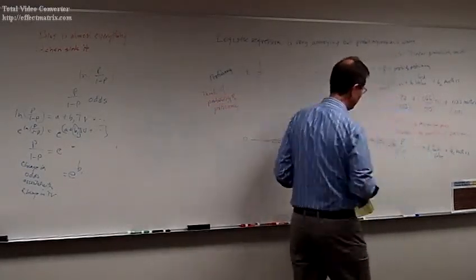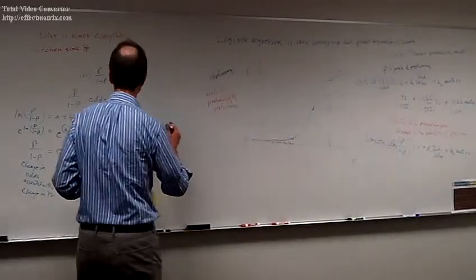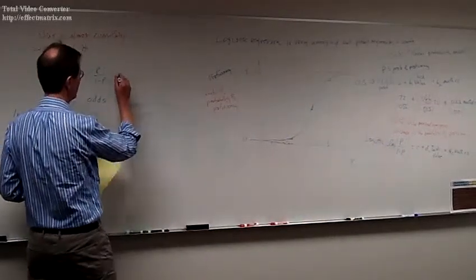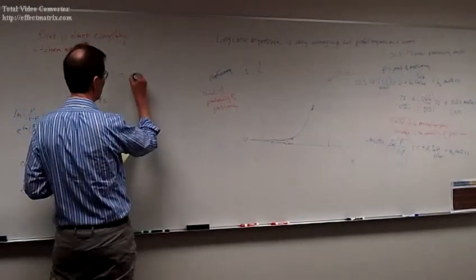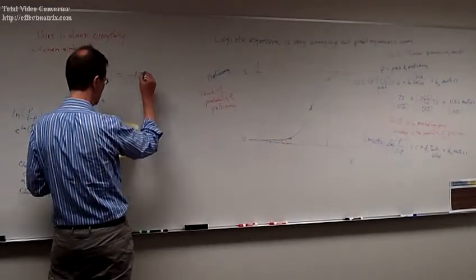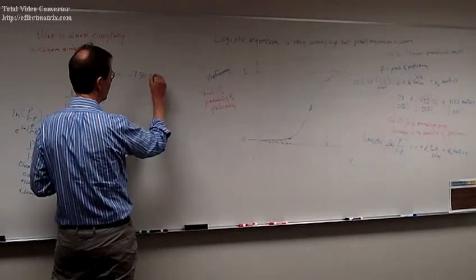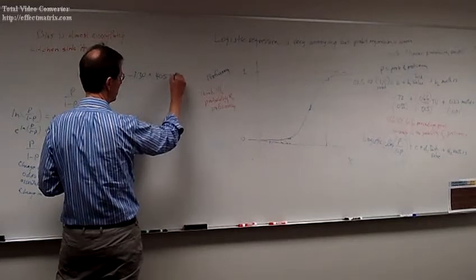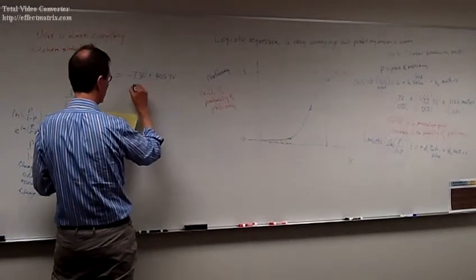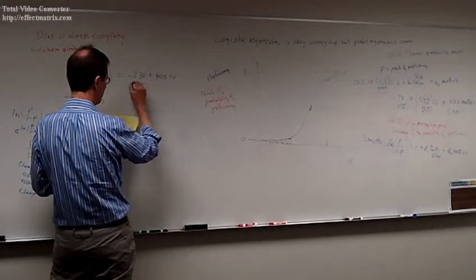Estimate the linear form, you get this. If you estimate log odds as a function of the independent variables, you get minus 7.30 plus 0.405 task value. Standard error for the constant is 0.42.